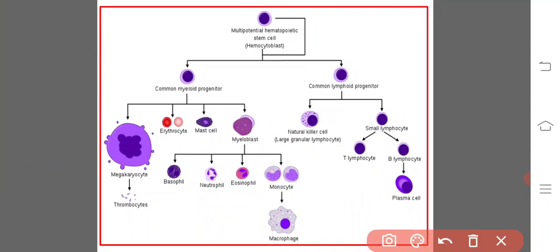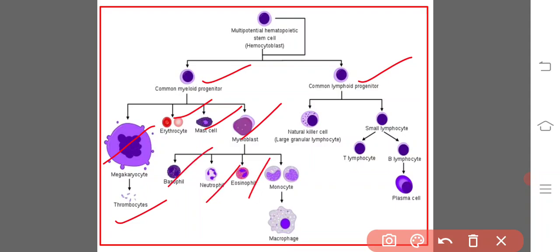See here, this is the multipotent hematopoietic stem cell, HSC. And now that is modified into myeloid progenitor and lymphoid progenitor. Myeloid progenitor gives rise to the formation of megakaryocytes and platelets. Here erythrocytes, mast cell, myeloblast, they form basophil, neutrophil, eosinophil and monocytes.